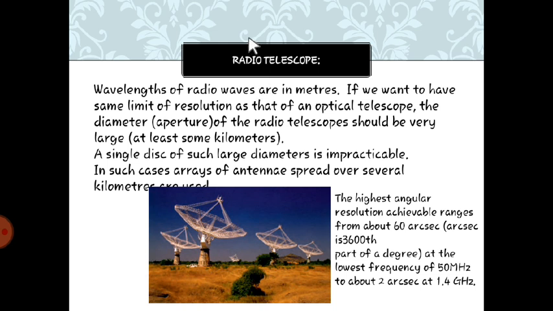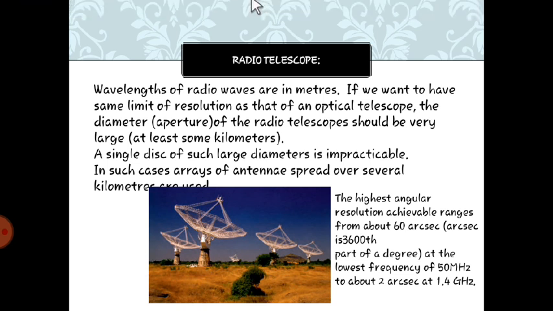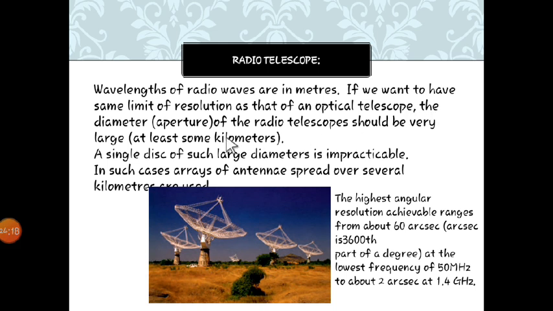What exactly do radio waves do? The wavelength of radio waves is in meters, and according to the equation we have seen for the limit of resolution, the diameter of the radio telescope should be very large. Diameter of the telescope means the diameter of the aperture being used. Very large means it should be in some kilometers.